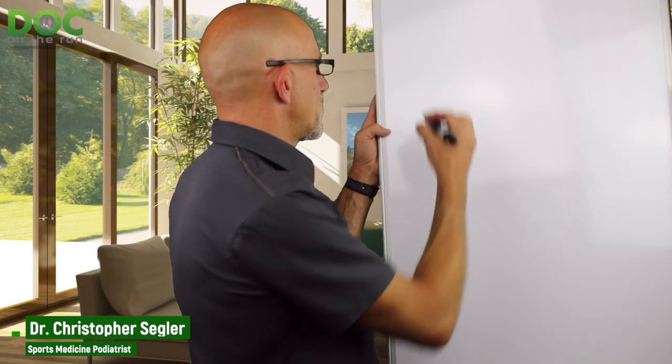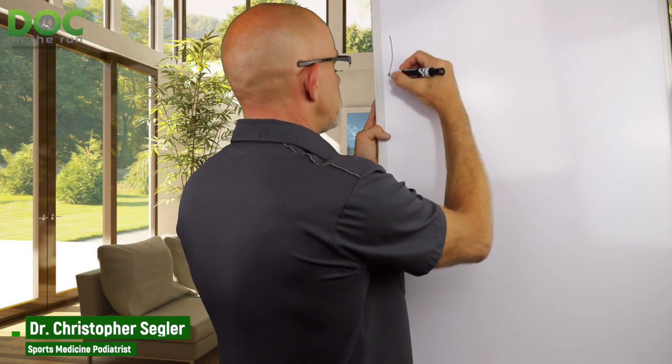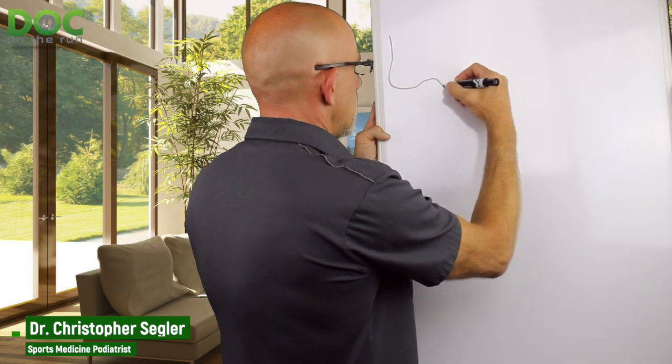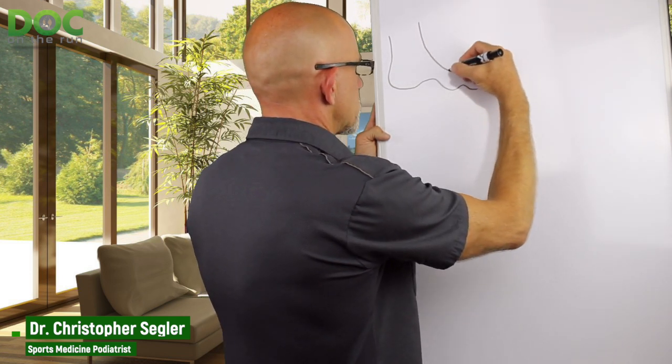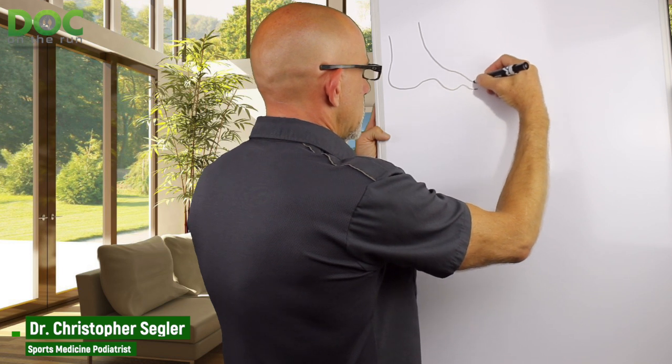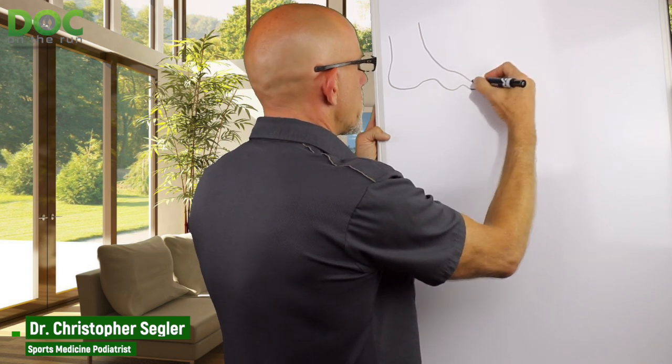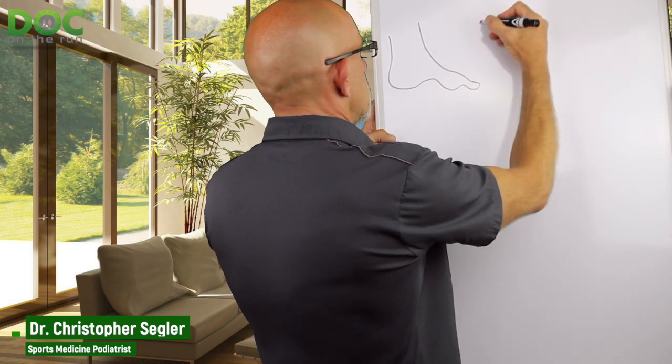Now, again, I am a podiatrist. I am not an artist. I'm going to do my best, but don't expect great pictures here. But here's the thing. If we look at your foot, and let's make it exaggerated, so you've got a high arched foot, and that's the toe.